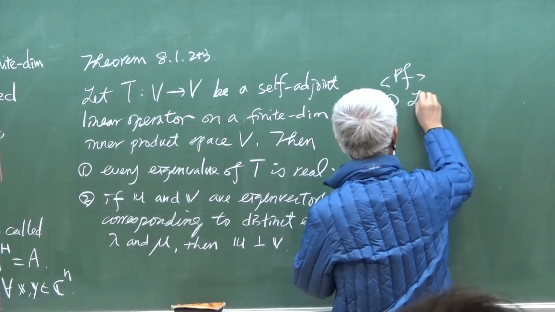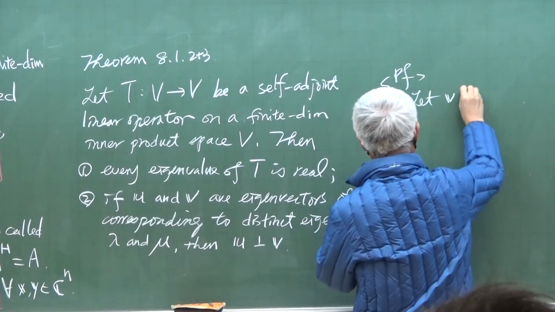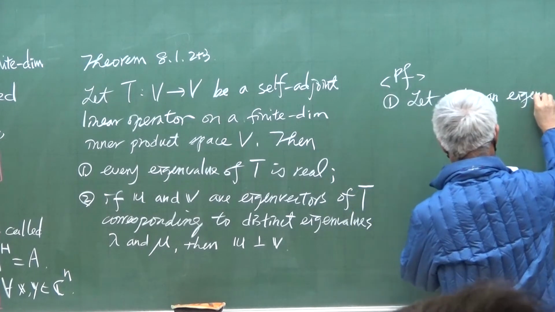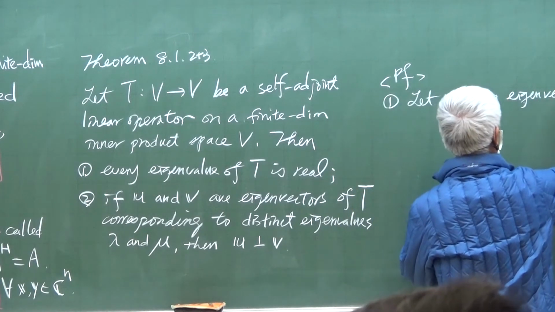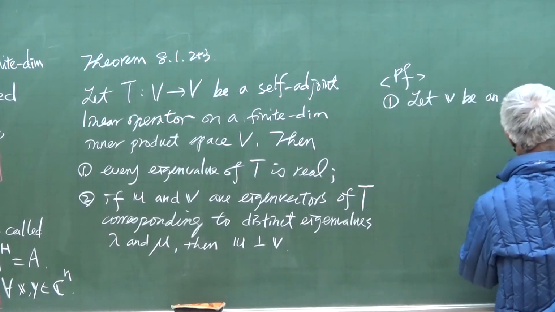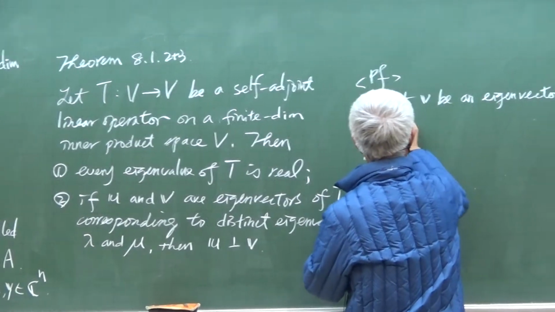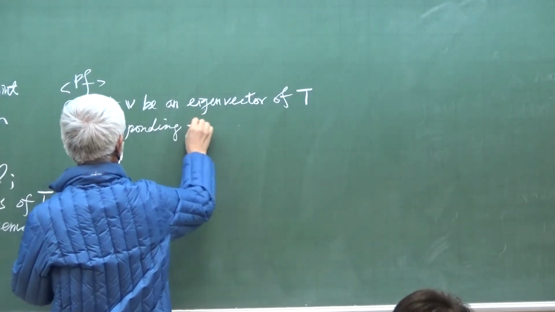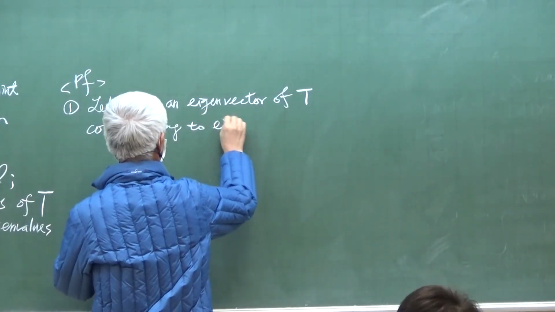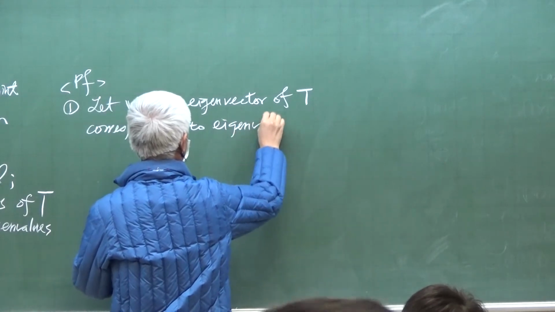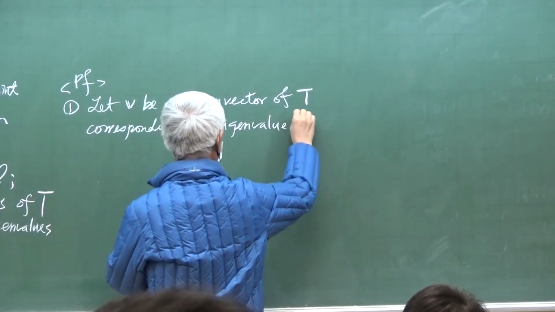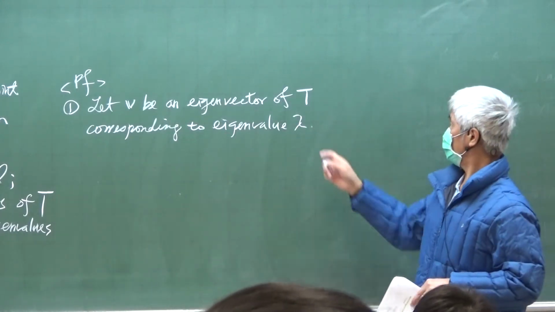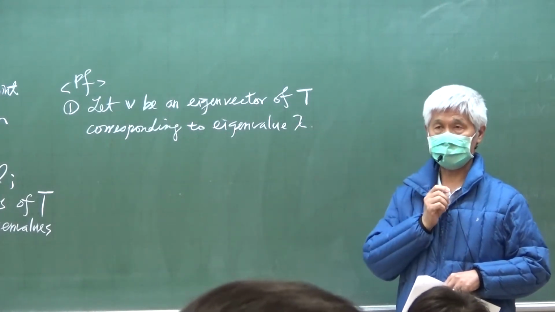So we let v be an eigenvector of T corresponding to eigenvalue lambda. And we want to prove lambda is a real number.